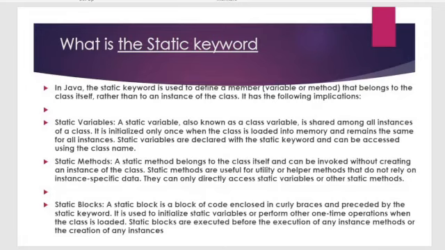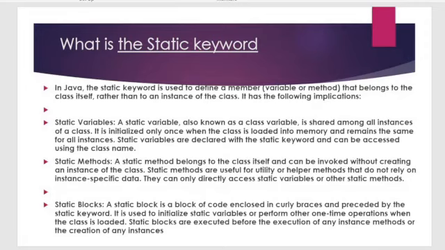What happens if you use the static keyword with a variable? A static variable, also known as a class variable, is shared among all the instances of the class. It is initialized only once when the class is loaded into memory and remains the same for all the instances.